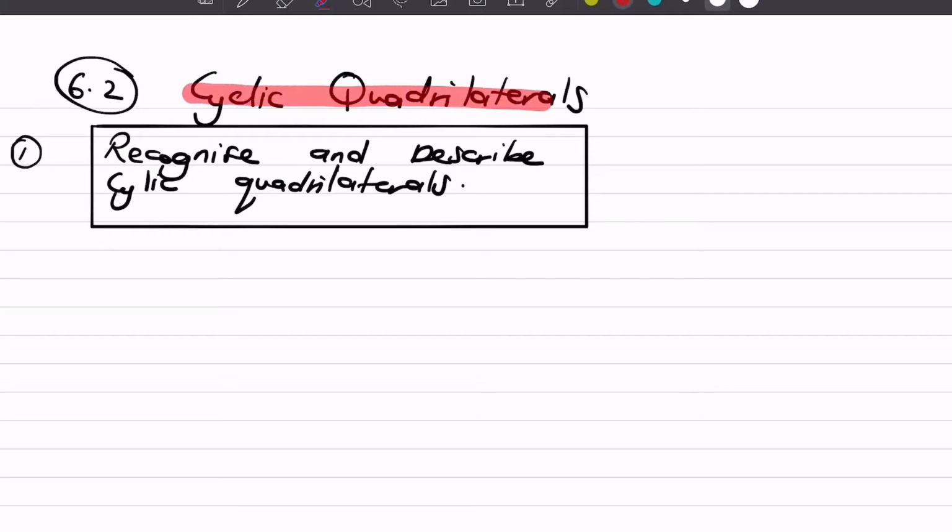So what is a cyclic quadrilateral? You have to know that first. What is a cyclic quadrilateral?